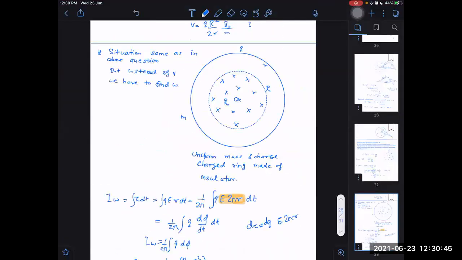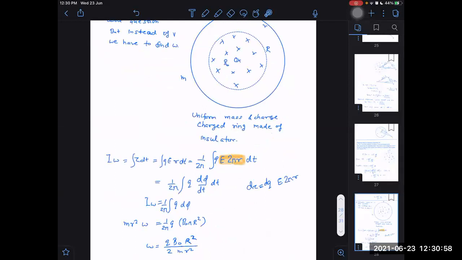In this E, you just have to take the values from there, and put the limits from 0 to capital R, while I put the E value as E inside, and then capital R to small r. Understood? Do it now yourself.